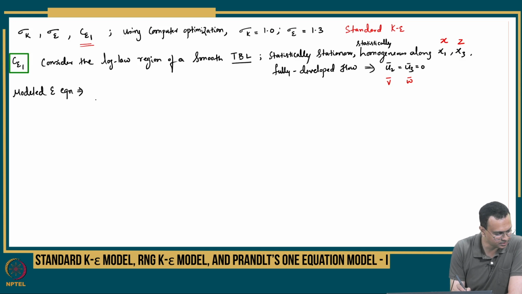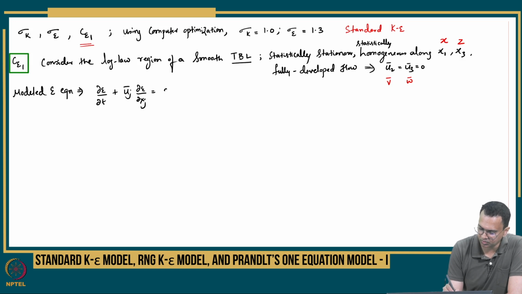This, if I rewrite, I would get ∂epsilon/∂t plus uj bar ∂epsilon/∂xj on the left hand side, and then of course on the right hand part you would get your diffusion rate, right.